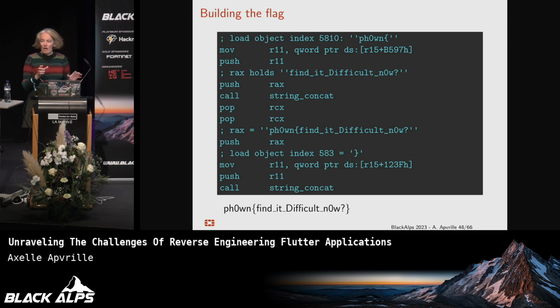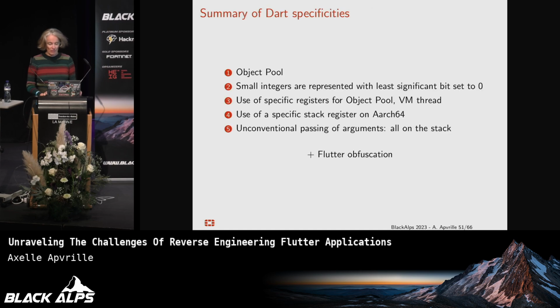Normally, the first 4 arguments or so are put in special registers, and only the further arguments are pushed on the stack. With Dart, everything is pushed on the stack, which is probably not the conventional way of doing it. So that's the last thing which is pretty strange on Dart. And of course, on top of it, you've got obfuscation.